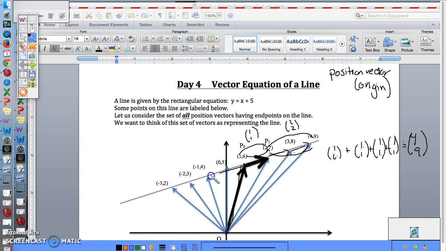If we wanted to go the other way, we'd start with our vector (1, 6) but subtract (1, 1). So 1 minus 1 is 0, 6 minus 1 is 5, giving (0, 5).